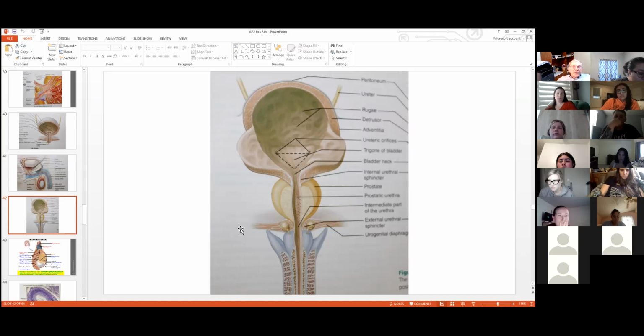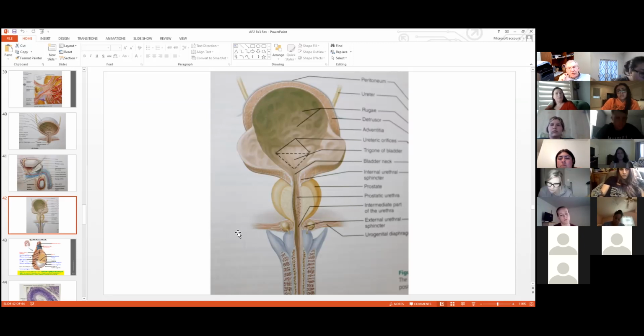The PSA is a test for prostate cancer. PSA stands for, you need to know this, prostate specific antigen. Prostate specific antigen is a normal protein produced by the prostate gland. So when you check your PSA, if the levels are normal, let's say probably your prostate is normal.